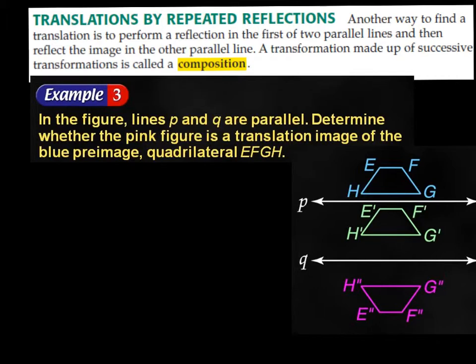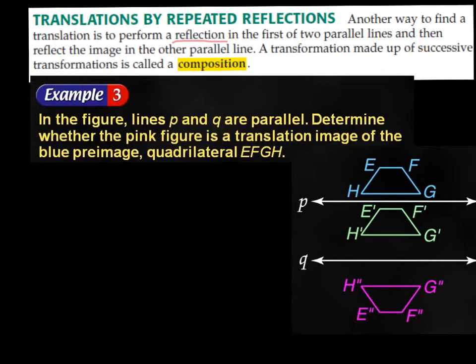For our last example, they want us to determine whether the pink figure is a translation image of the blue preimage. In order to be a translation image, we were supposed to reflect. Okay, so we're supposed to perform a reflection in the first of 2 parallel lines.